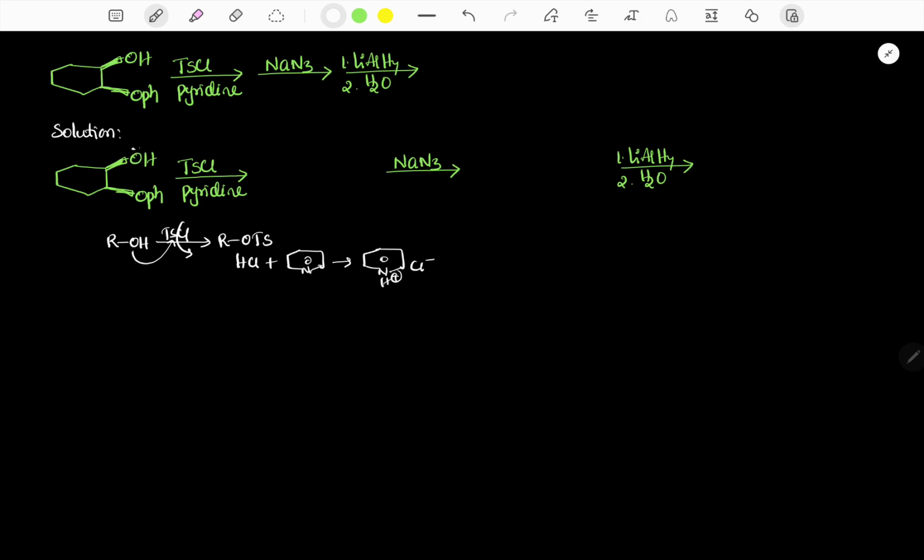Therefore here the O lone pair attacks, Cl leaves, and forms the corresponding product, with OTs above the plane and OPh above the plane. Now it is treated with sodium azide. N3 minus is a strong nucleophile.